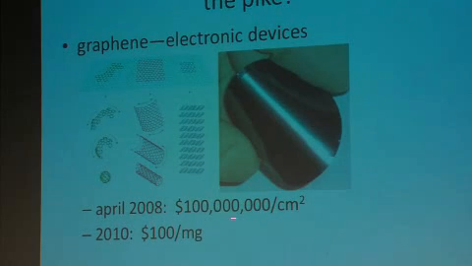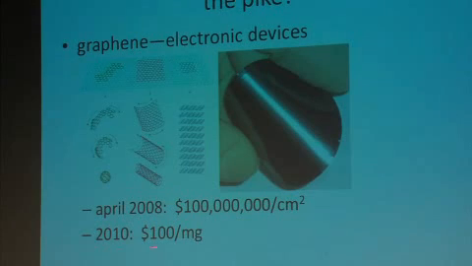Back when graphene was first reported, the cost was astronomical. And of course, no one was paying $100 million for a square centimeter of graphene. This is just kind of an extrapolation from the tiny, tiny bits of material that were made commercially available.